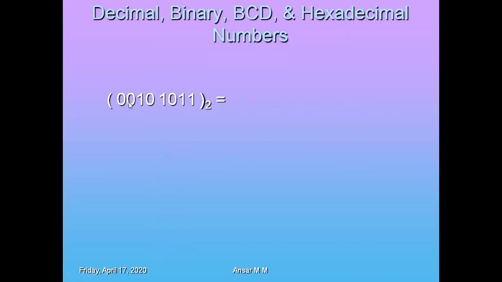A byte consists of 8-bit data. So this byte consists of two nibbles. If we divide it into two groups of 4 bits, there will be two nibbles. A group of 4 bits is called a nibble. One is the lower nibble, and this side is called the upper nibble.